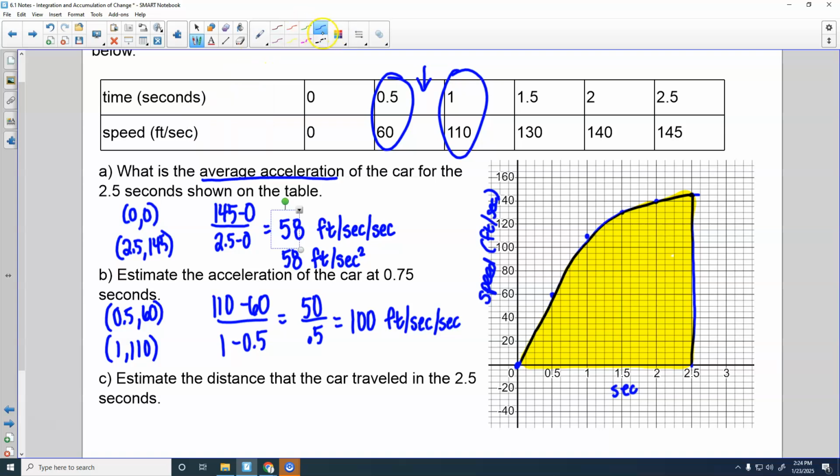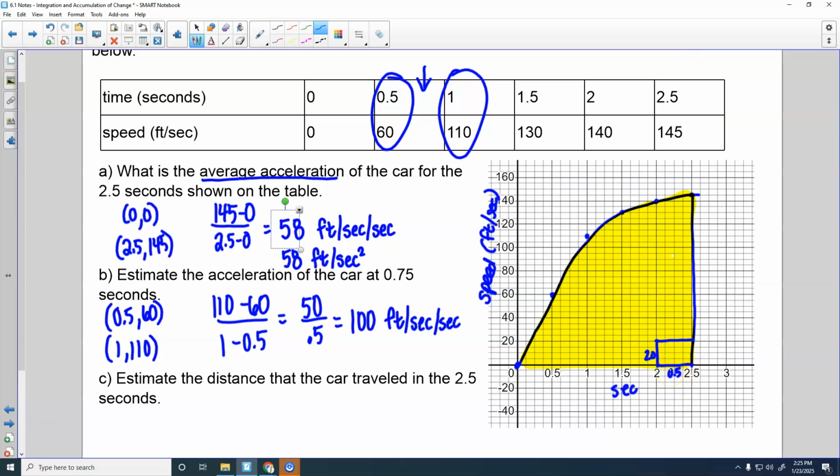Like this major box right here, how much is that? There are 16 boxes in it. It's worth 10. Why? Because the height of that box is 20 and the width of that box is 0.5.